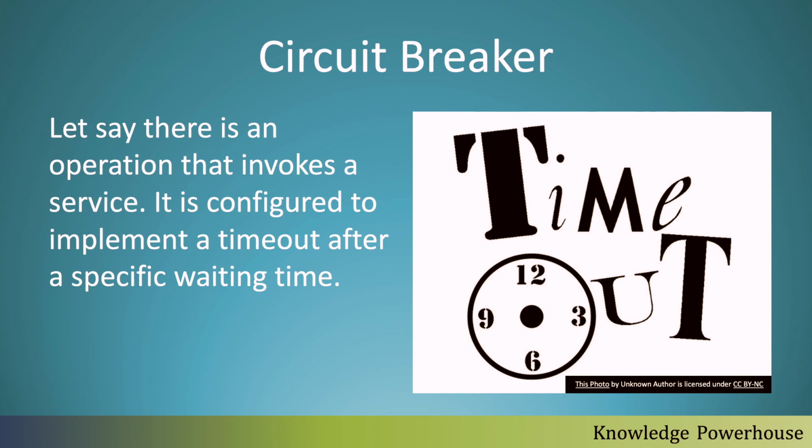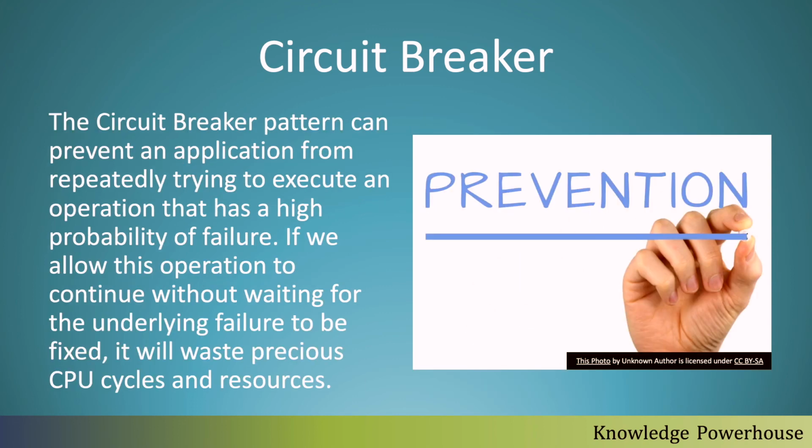Now, how do we do that? For that, we use the circuit breaker pattern. The circuit breaker pattern will prevent the application from repeatedly trying to execute the operation. I mean, if the operation has a high probability of failure, using the circuit breaker, we can automatically abort the operation.